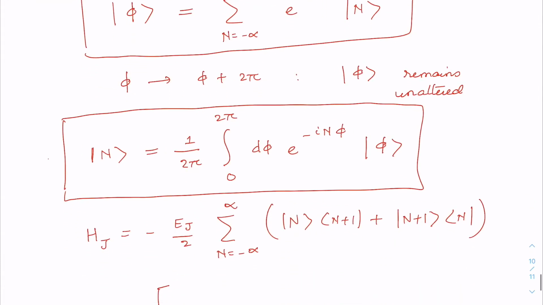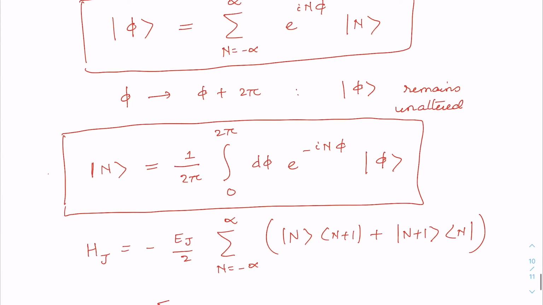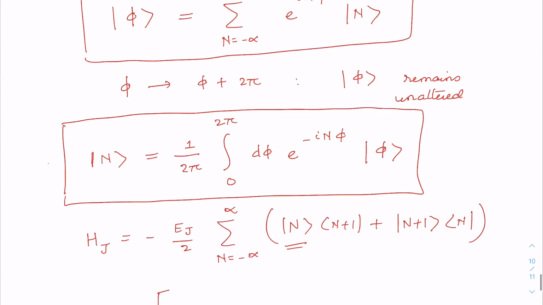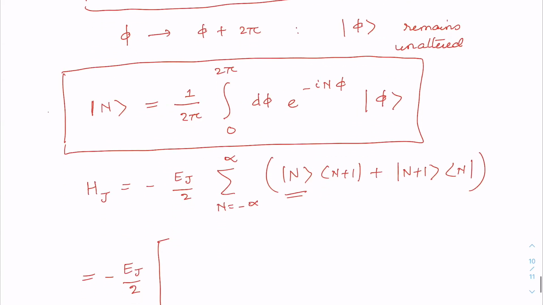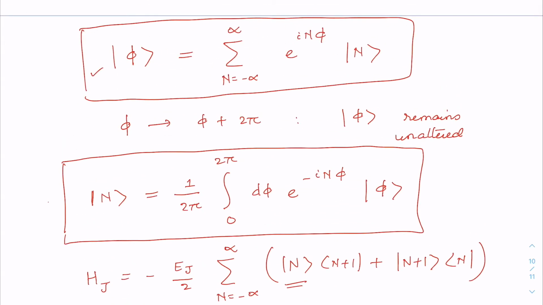If you look at this definition here, I can write this summation, only I have to multiply it by e to the power minus i n phi, because if I put e to the power i n phi and this summation sign, the summation of these together is already what we said is ket phi.